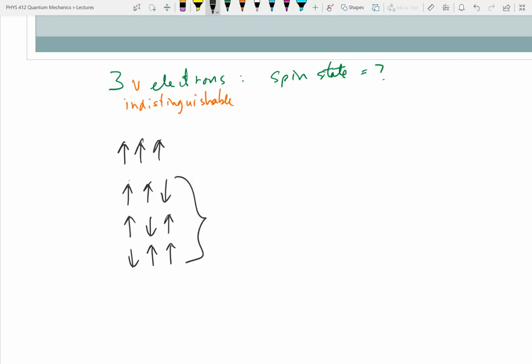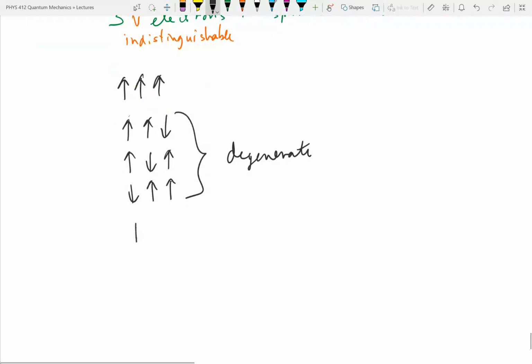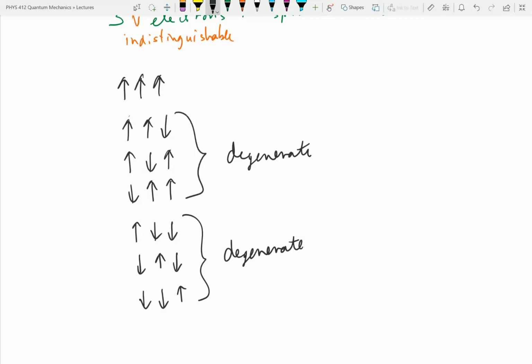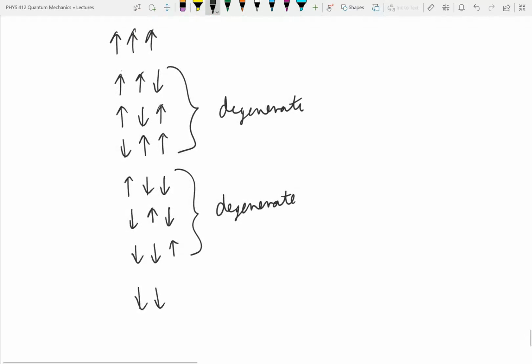These three are all degenerate, right? And then the next would be these, which are also degenerate. So those are all the spin combinations I could get. Now, what is the S value for the top one here? 3/2.